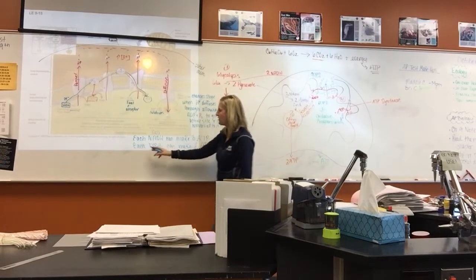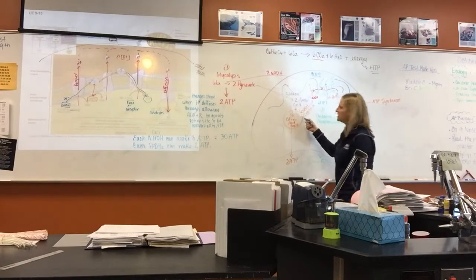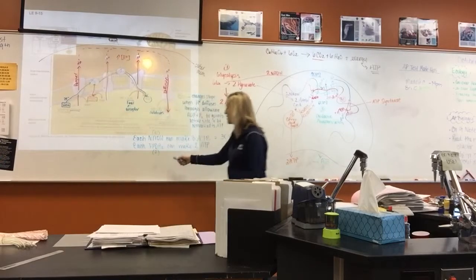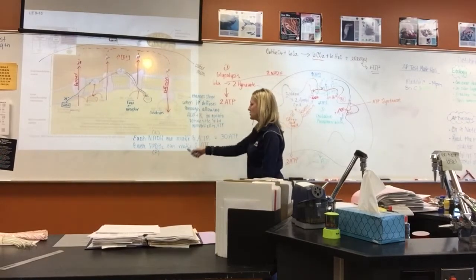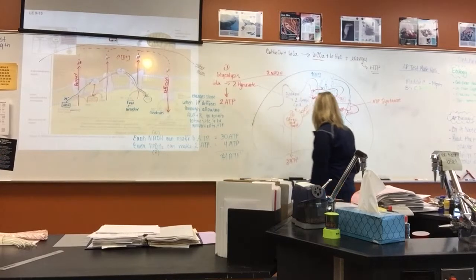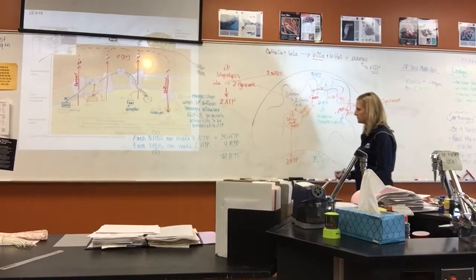Then, each FADH2, we add 2 of those. The only place it comes from is the citric acid cycle. Each of those can make 2, so 2 times 2, we get 4. So our total here is 34 ATP. So we're going to write 34 here.